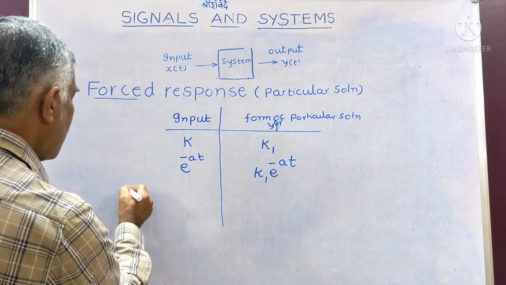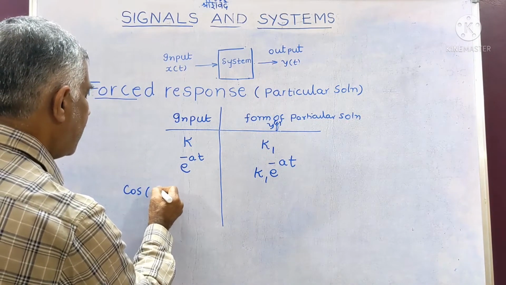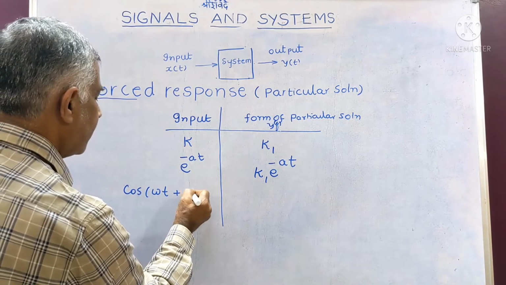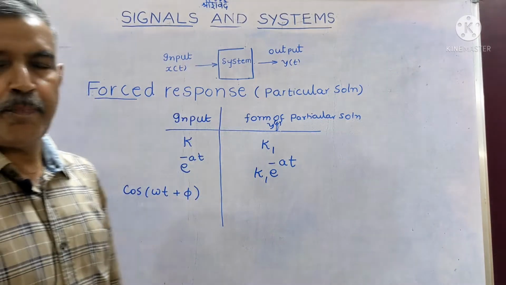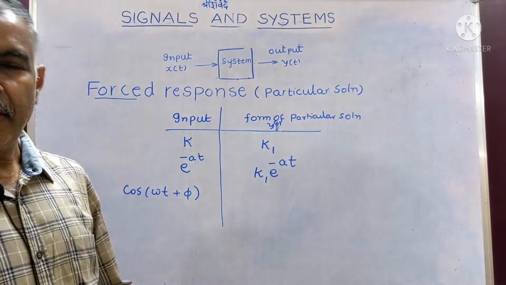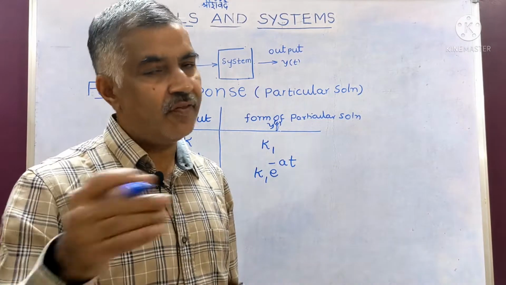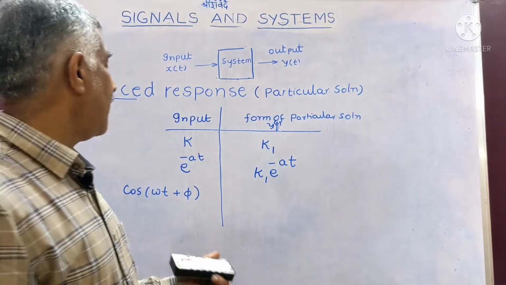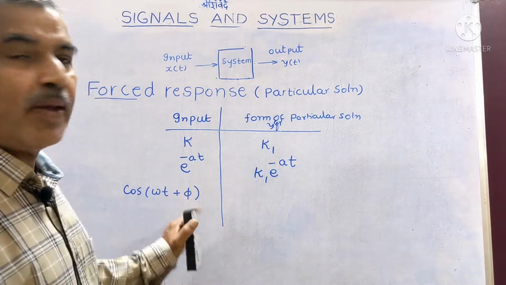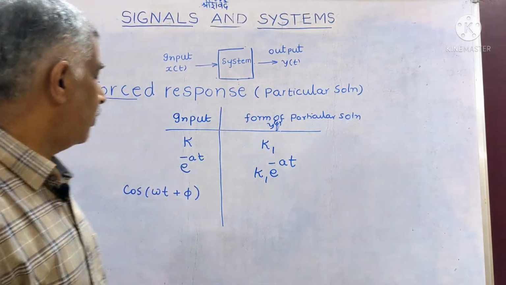Lastly, cos(omega t plus phi). One can write a cosine function in terms of a sine function. Whether it is sine or cosine, phi may sometimes be 0.